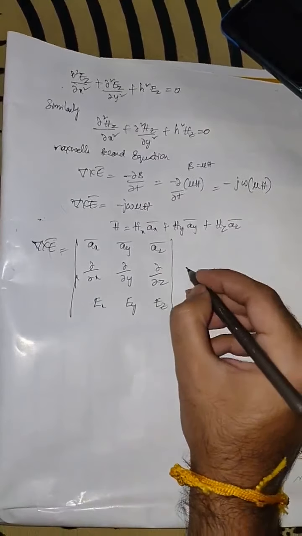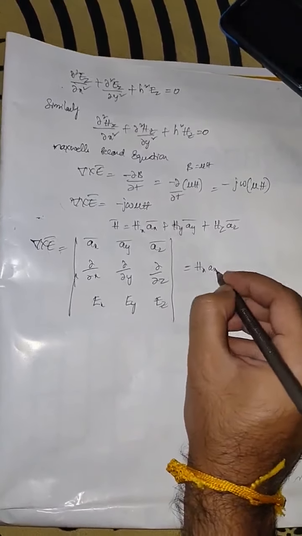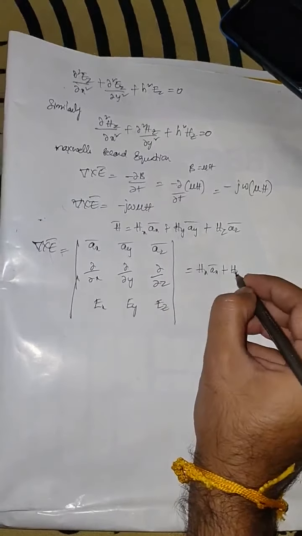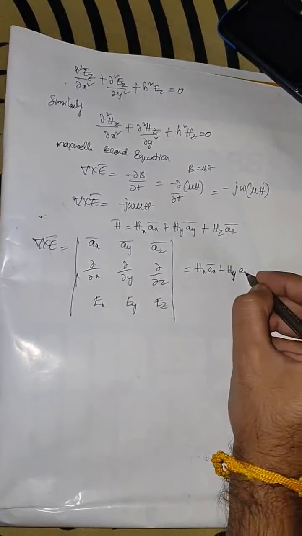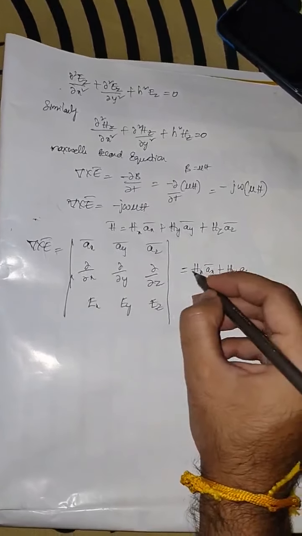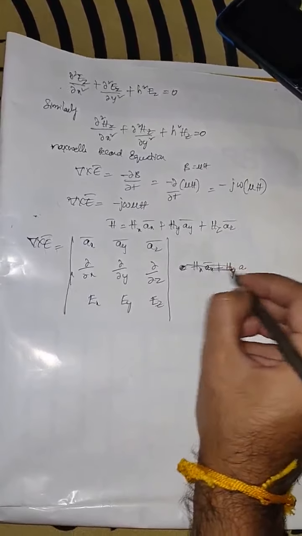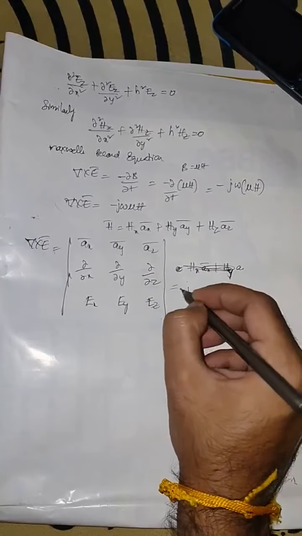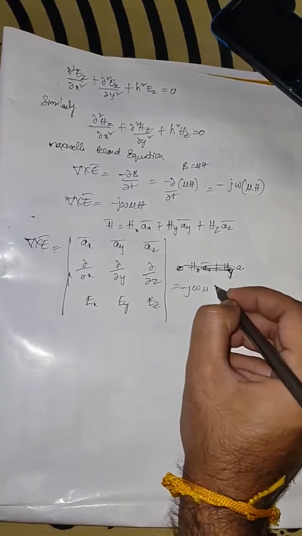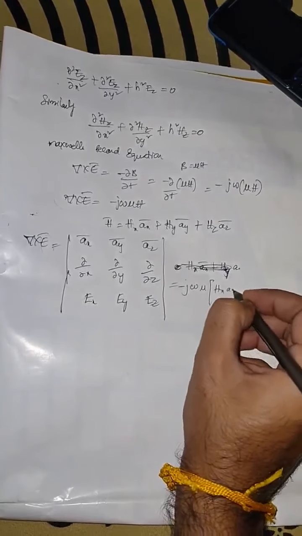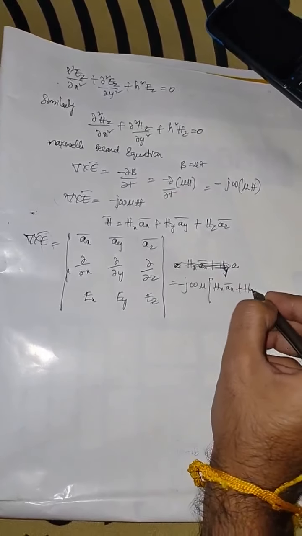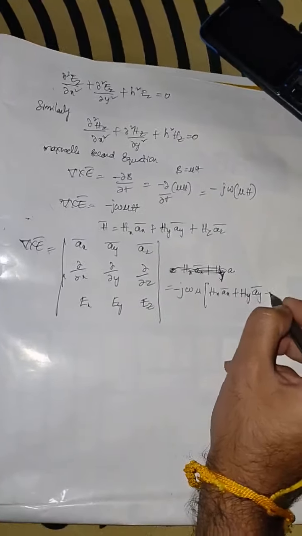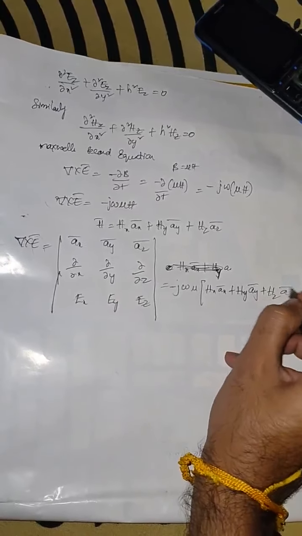Okay, so which is equal to Hx ax plus Hy ay, which is equal to minus j omega mu (Hx ax plus Hy ay plus Hz az).